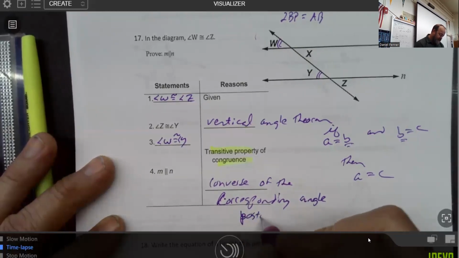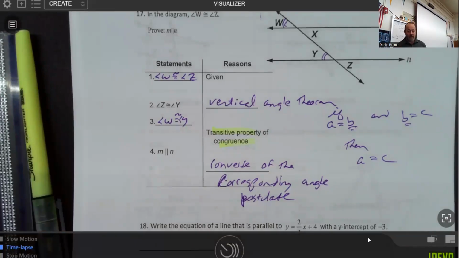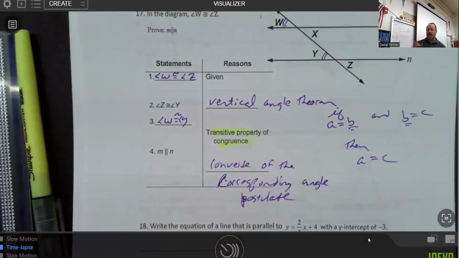So remember, postulates are something that you cannot prove, but you know to be true. The normal story talked about how we know that they're parallel and therefore we know something about the angles. This is going backwards and saying if we know about the angles, can we also determine that those are parallel?